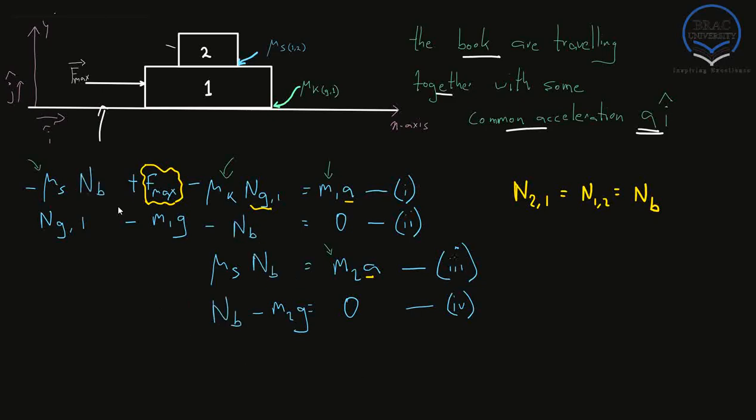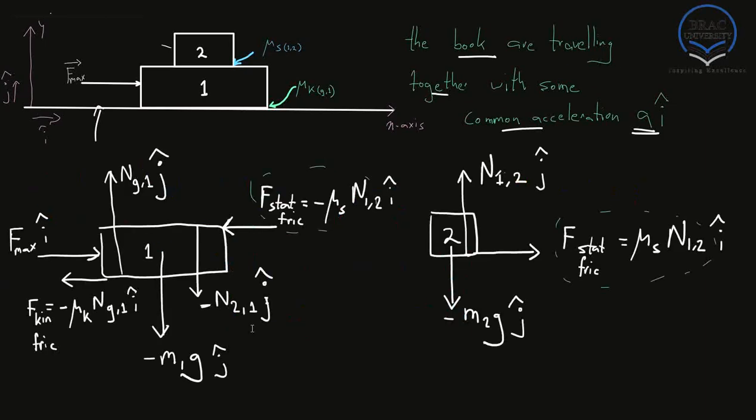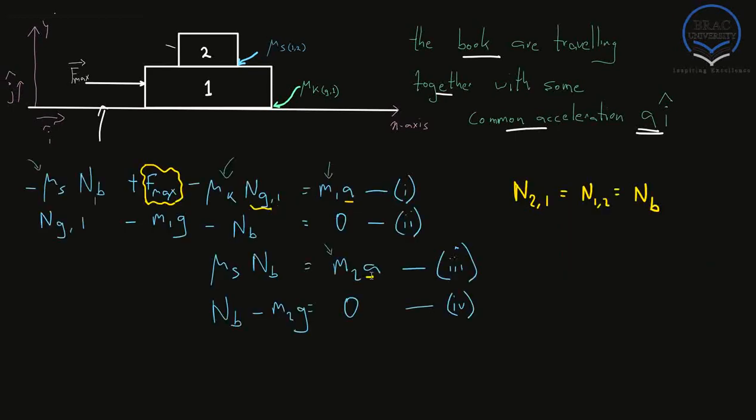So plugging that in, we get these 4 equations. Let's be clear about what we just did here. As you remember, these normal reaction forces are third law pairs, right? What that means is that these two vectors point in opposite directions, but their magnitudes, which are n12 and n21, are exactly equal. That's all we have plugged into these equations.